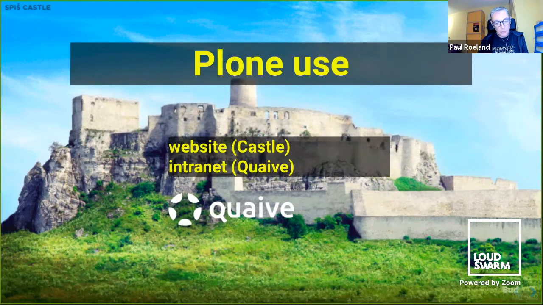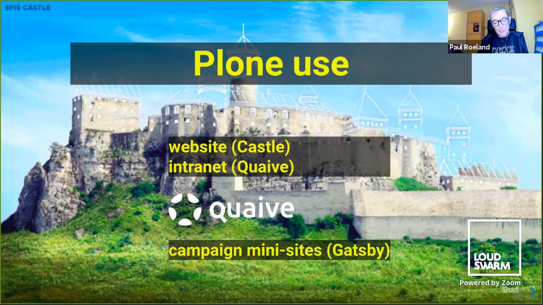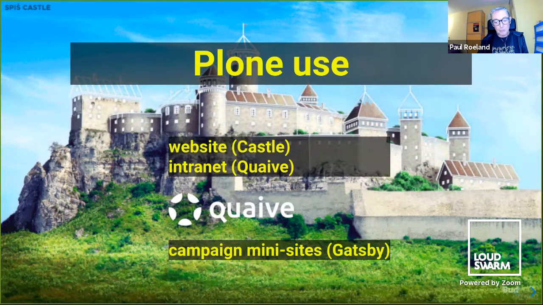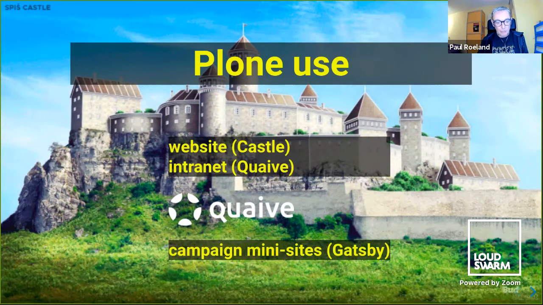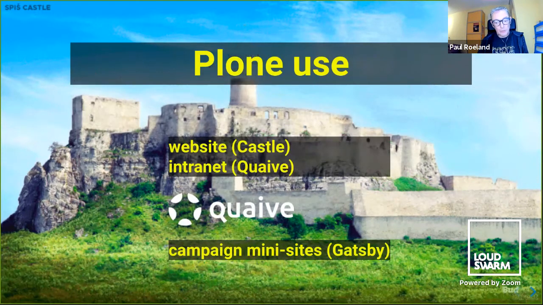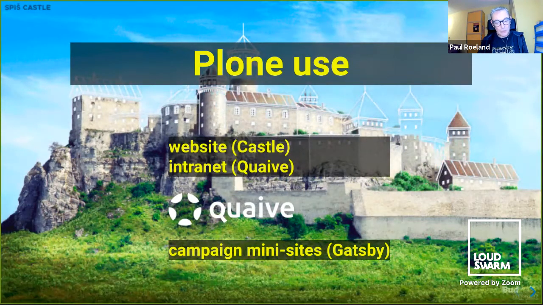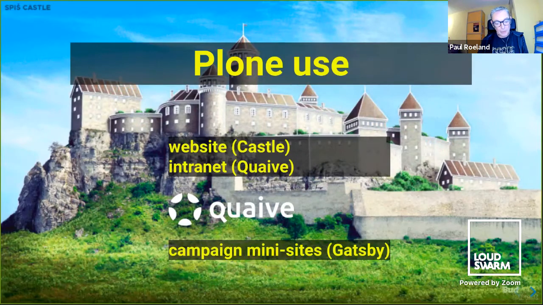Quave helps us do that. We also use a lot of campaign mini sites, and we tend to base them on Gatsby, some of them with the Gatsby Plone connector, some just plain Gatsby sites. We also have a few other just plain vanilla Plone sites, but the Castle and the Quave ones are the main ones that helped us during this pandemic.